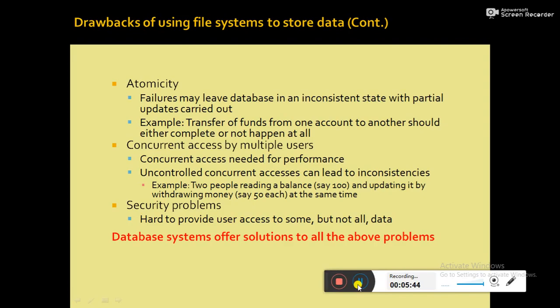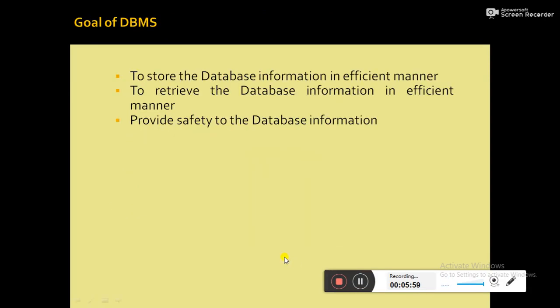To overcome all the above mentioned drawbacks of the file processing system, we have to use DBMS. Database management system offers solutions to the above mentioned problems. So at the end of this lecture, what is the goal of DBMS?